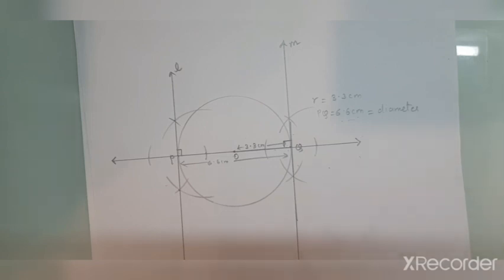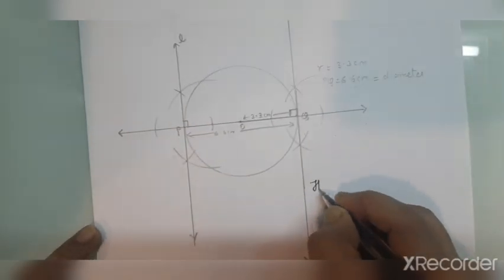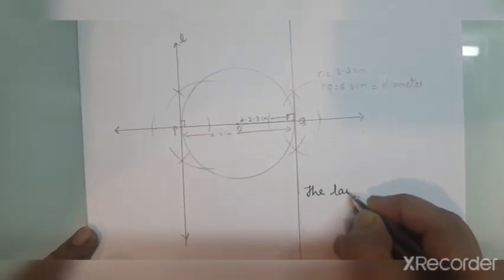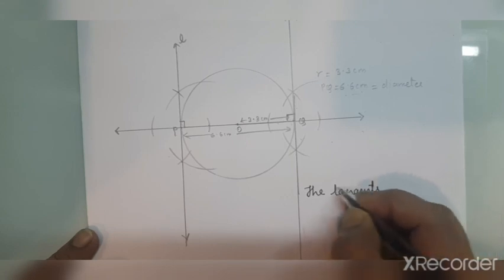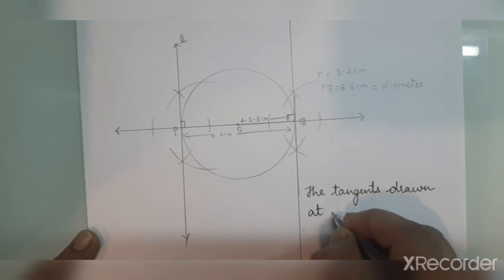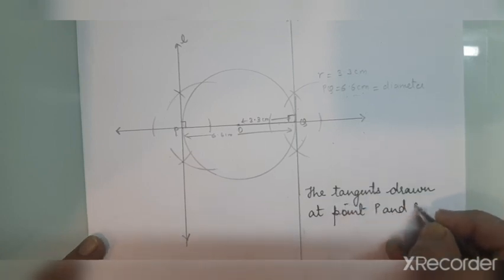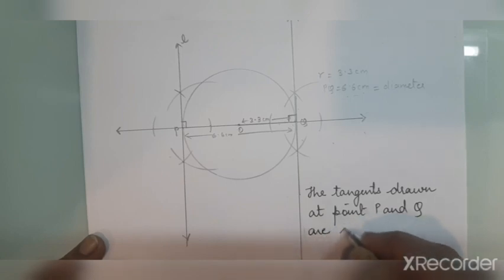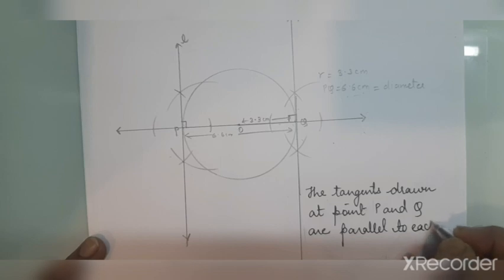Okay, so we need to write the answer as they have mentioned. So what we'll do is, we'll mention here at the bottom: the tangents drawn at points P and Q are parallel to each other.